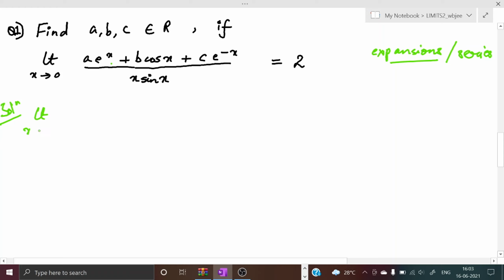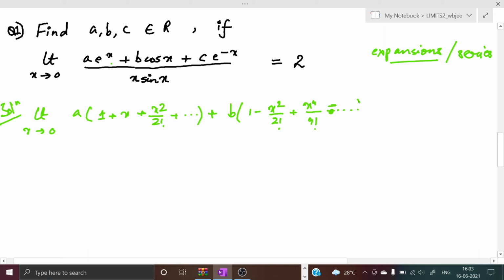So how will we do it? We'll use the expansion of e to the power x, that is 1 plus x plus x square by 2 factorial and so on up to infinity. Then we will write the expansion of cos x, that is 1 minus x square by 2 factorial plus x to the power 4 by 4 factorial, up to 3 terms.